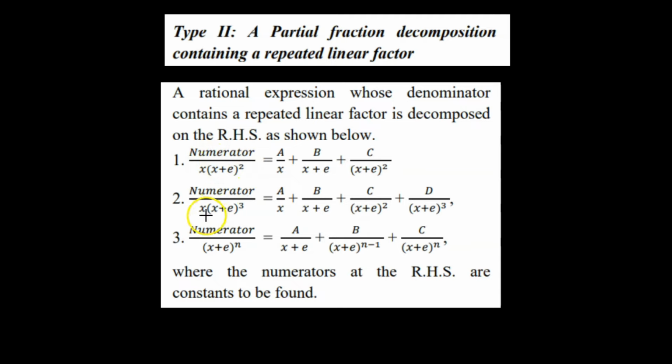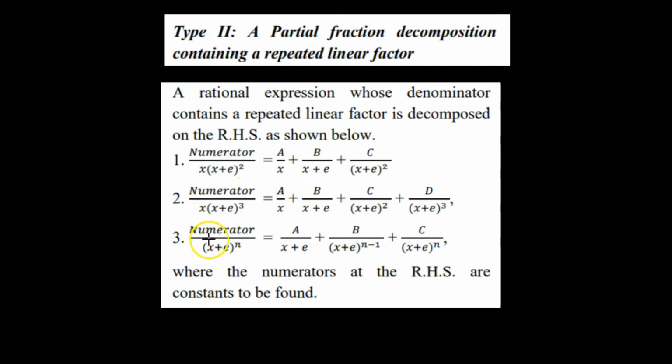In the same way, over here, it means I have 4 different factors. The first factor is x. Then I write it for x plus e, which is not repeating. Then x plus e repeating itself twice, and then x plus e repeating itself the 3rd time. So you have 4 different factors, partial fractions for this rational function.